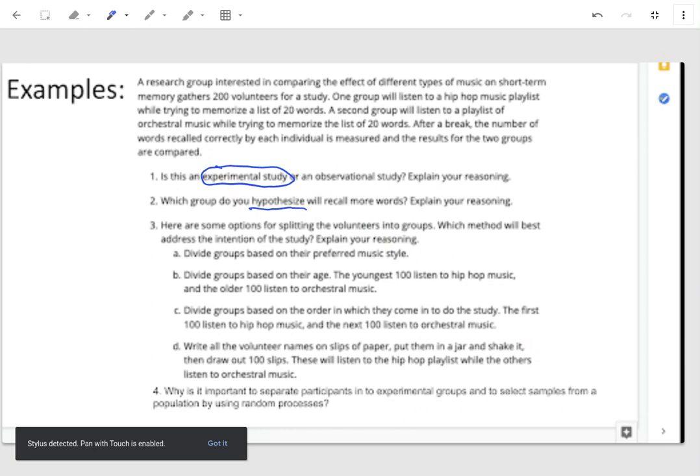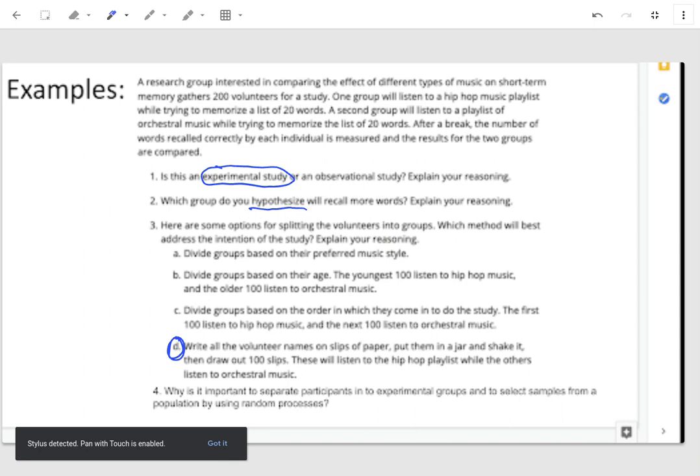So out of these 4, which one is the most random in how they're selecting the group? Which one is the most random and least biased? And for me, the answer to that is going to be D. Whenever you're picking names at random out of a hat or a jar, that is truly a random sample.